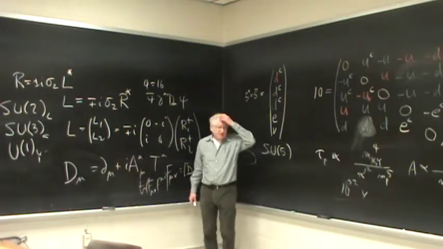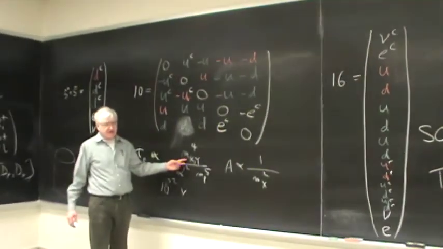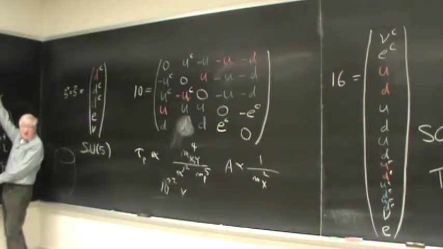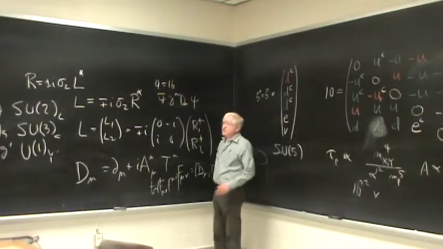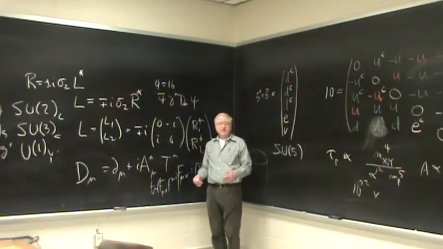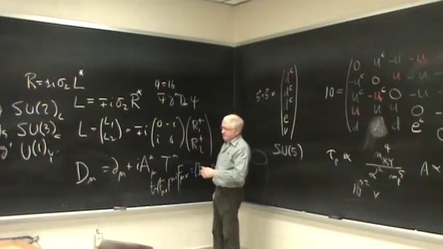Then, of course, you've got to somehow account for the fact that this mass is 10 to the 15 or 10 to the 16 GeV. They're not mass 0. If you just had these terms, you'd have mass 0 for everything. So what you do is you invoke the standard Higgs mechanism, and you say you have certain Higgs fields, whereas in the ordinary standard model, the Higgs fields were an electroweak doublet, an SU2 left doublet.